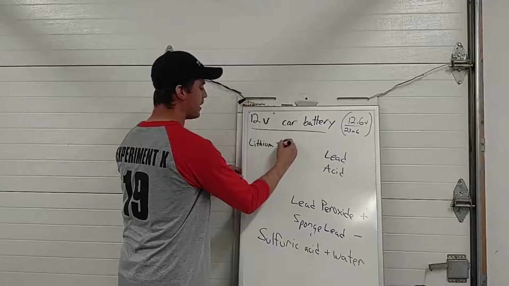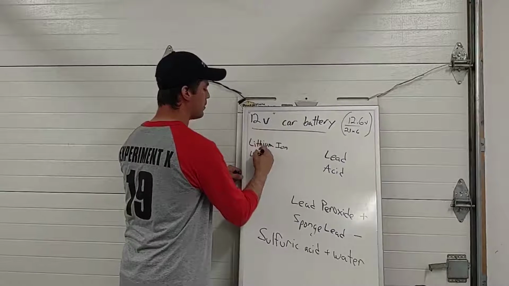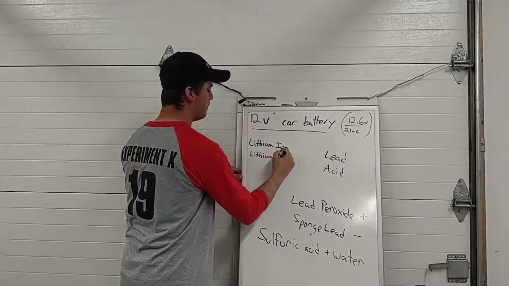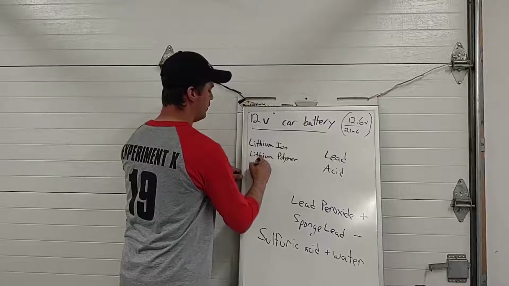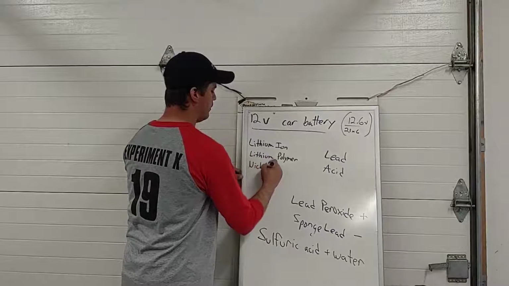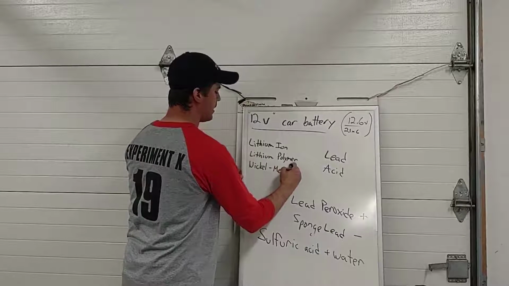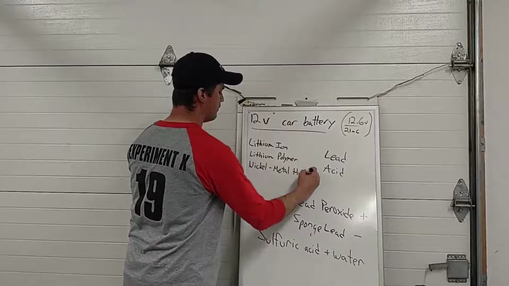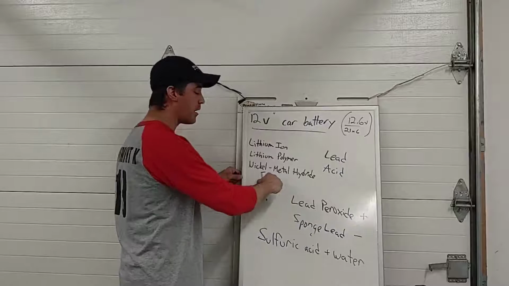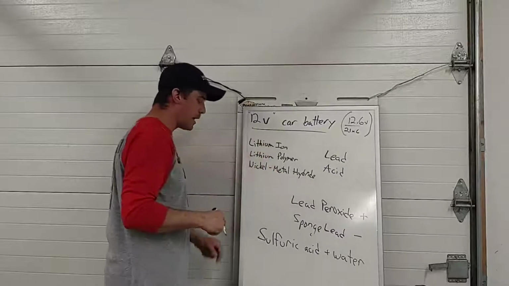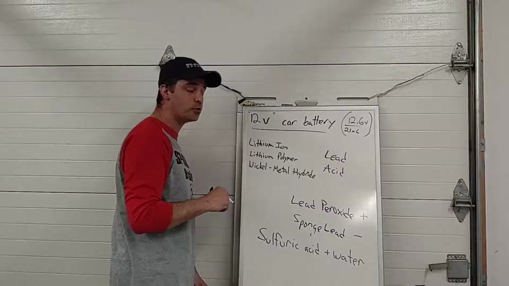There's what they call lithium ion, lithium polymer. Nickel metal hydride. That's what we're using in a lot of our hybrids, by the way. Lithium batteries are popular with rechargeable tools right now.